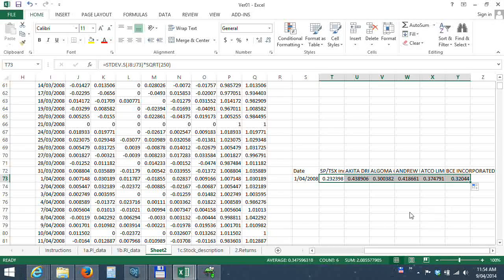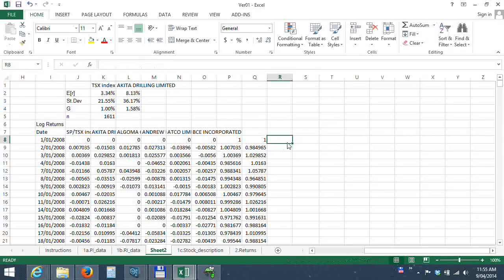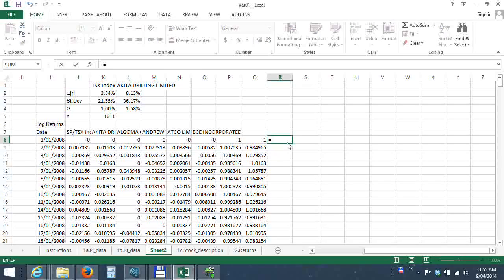What I'm going to do in addition to that is construct a portfolio, and I can actually do it from here. This portfolio will be a naive, equally weighted portfolio based on the 5 securities that I already have in my sample.